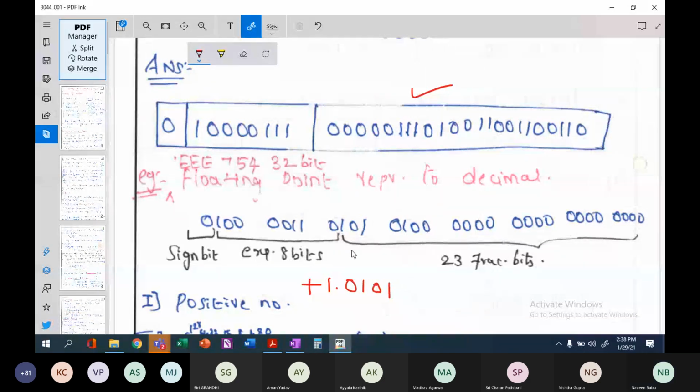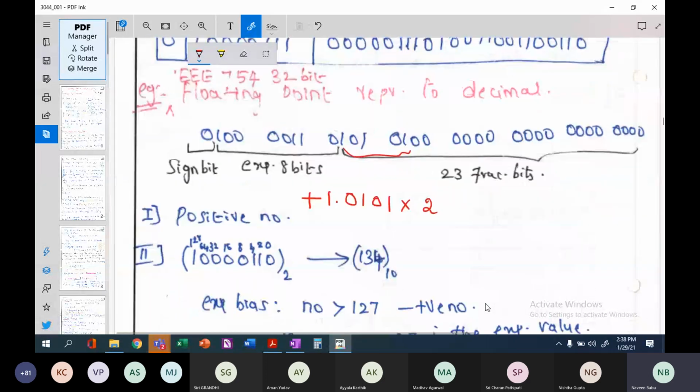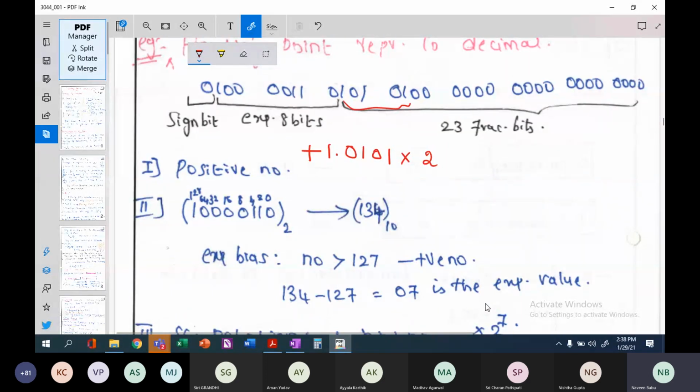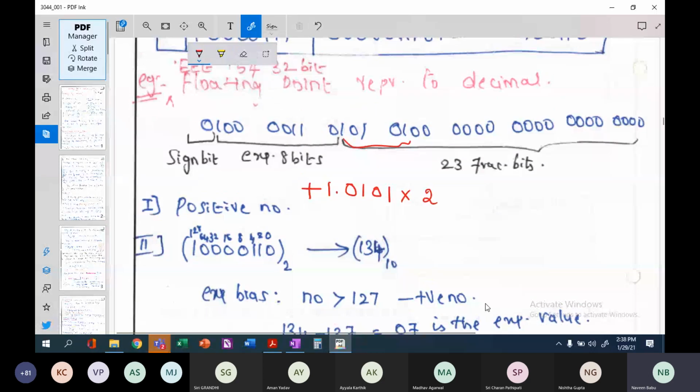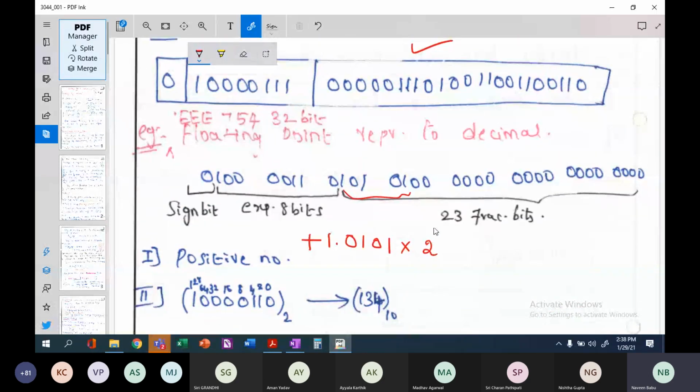Okay, I have just copied from here. Multiplied by 2 power, we have to find the exponent value. What is this value 10000110 equivalent to? It is going to be 134.